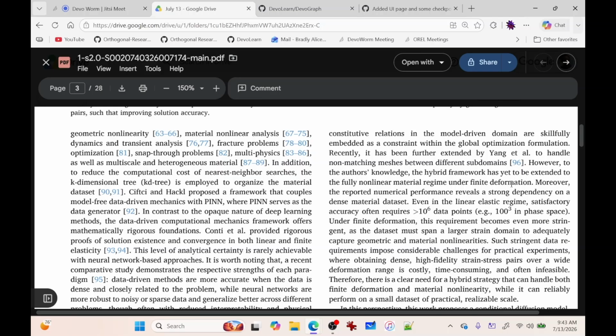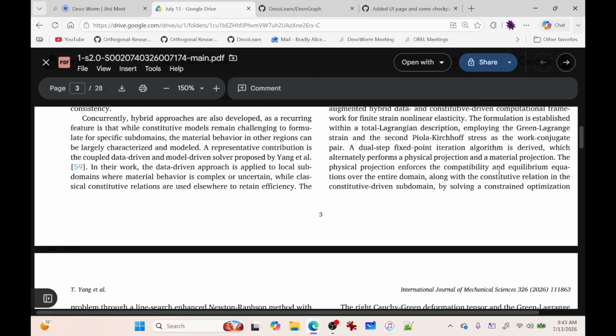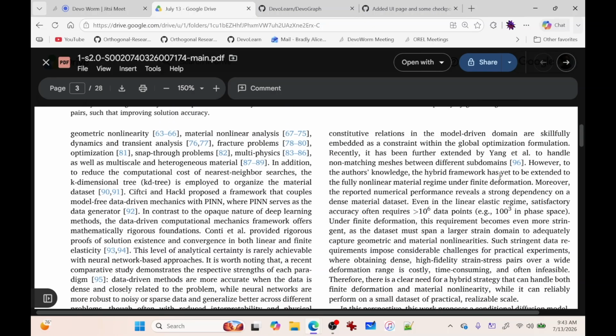So this is for, I guess, a data-driven approach, and they talk about the numerical performance. The reported numerical performance reveals a strong dependency on a dense material data set. Even in the linear elastic regime, satisfactory accuracy often requires over 10 to the 6th data points, and this gives you 10 to the 3rd positions in phase space, which is a fairly large data set and search space.